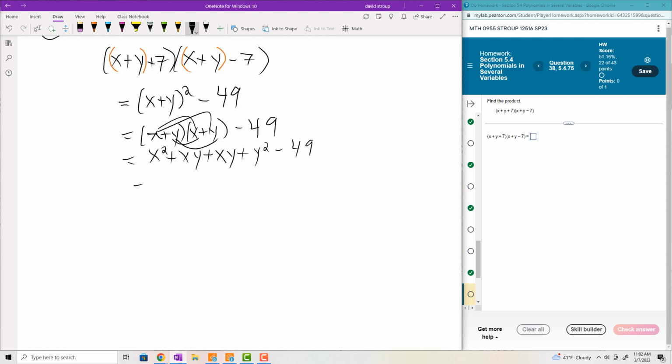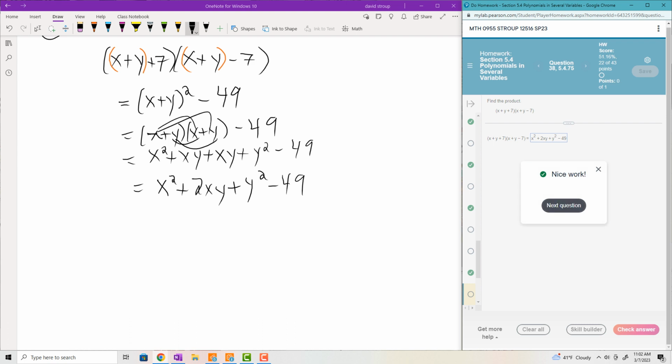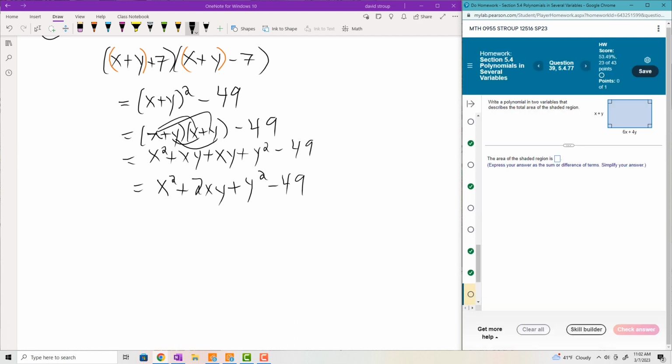And then you could combine like terms, and you get x squared plus 2xy plus y squared minus 49. But that being said, you can always do it the hard way, triply distribute.